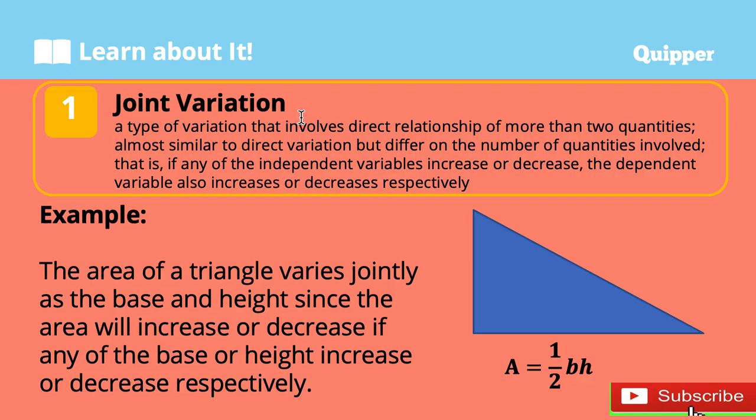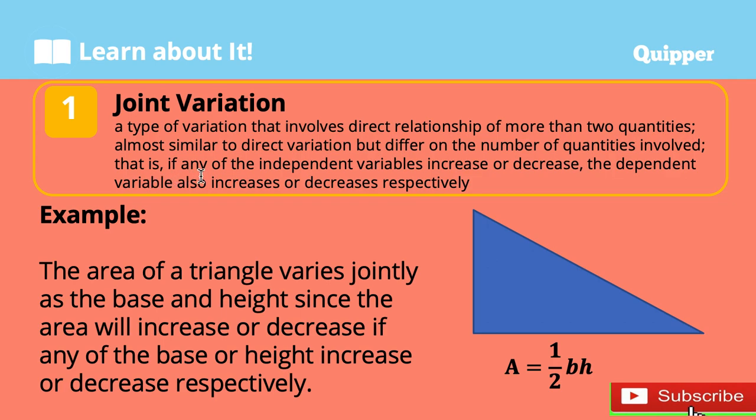Joint variation is a type of variation that involves direct relationship of more than two quantities. It is almost similar to direct variation but differs on the number of quantities involved.